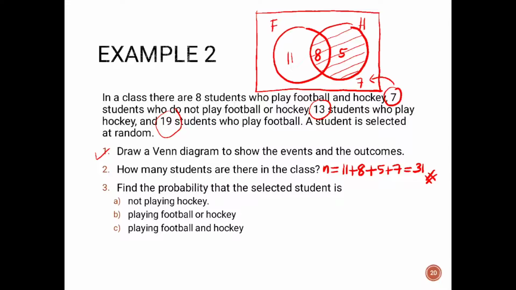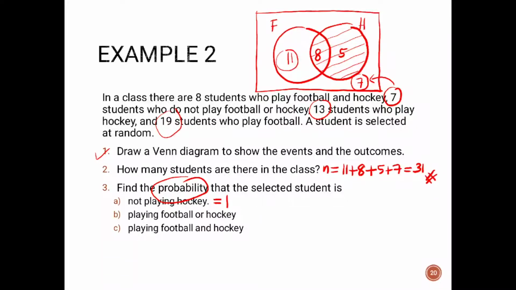Okay, find the probability that the selected student is not playing hockey. So that will be not playing hockey, 18. I simply refer to the Venn diagram. But the question is asking for probability, so be careful. It's not asking for the number of students.